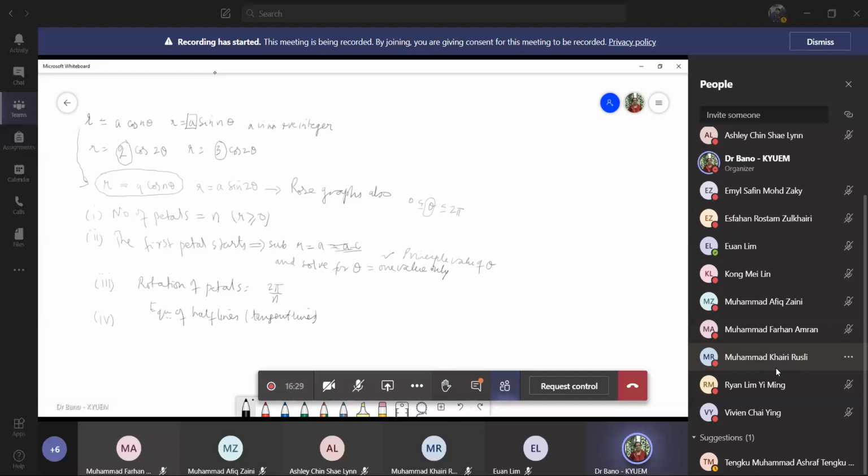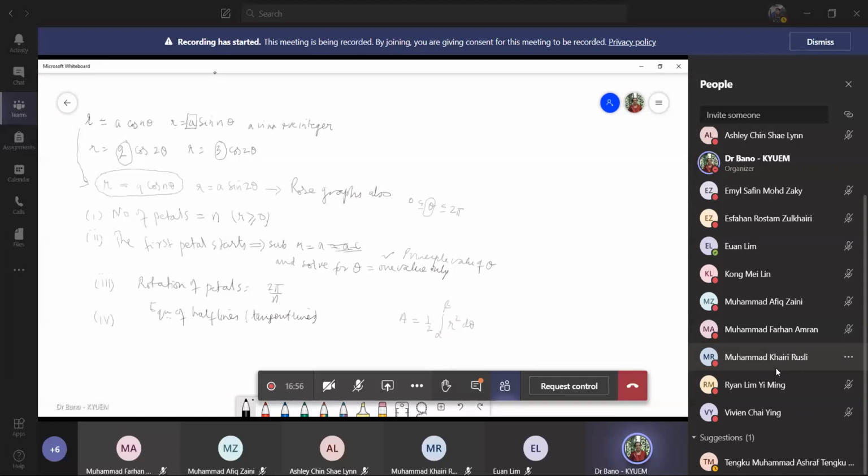Sometimes they ask you to find out only one, or they can ask you to find out all 2, 3, 4, whatever. For this we need the starting angle. The area is half r square d theta, from alpha to beta, which we will be doing shortly.